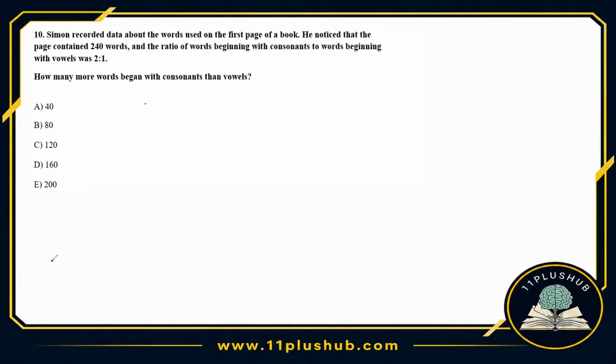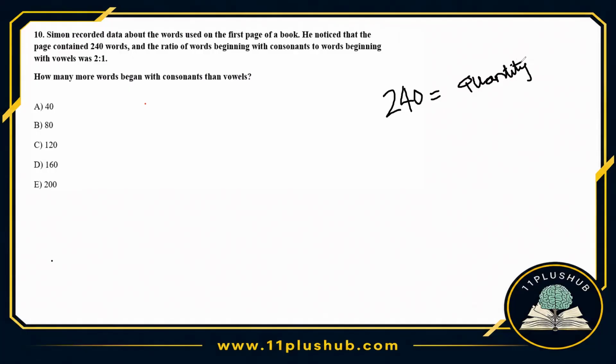Okay. So what we're told is that there are 240 words. Now, when we read the entire question and we gain that context, we know what we're looking for is how many more words on this page of a book were consonant than vowels. Now, there are 240 words in total, so that becomes something called the quantity. That's the whole number that we're trying to find parts of. Okay, so 240 is our quantity.